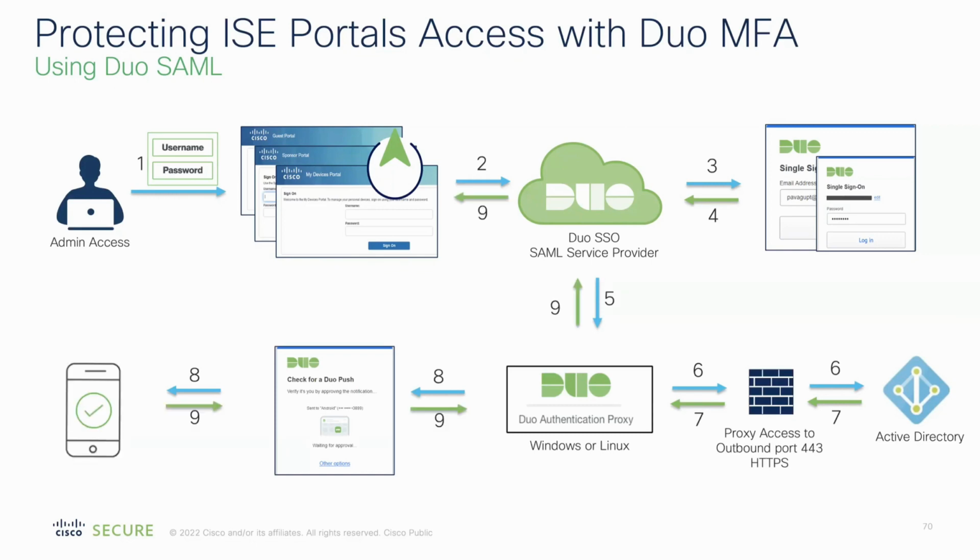Now, as part of a second factor authentication, the Duo Authentication Proxy forwards it to the cloud service, and once the push notification is approved, the user is going to get access to the My Devices portal, sponsor portal, and guest portal accordingly. That's how basically you can protect the ISE portal access.